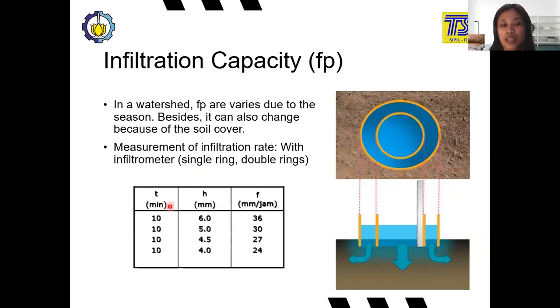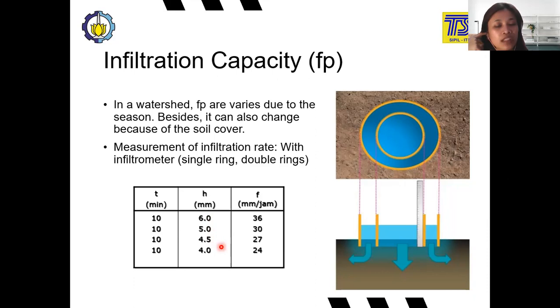For example, here we have 4 times 10 minutes, and then we can measure the height of the water that infiltrates. The first one is 6 millimeters, and then 5 millimeters, 4.5, 4.0.